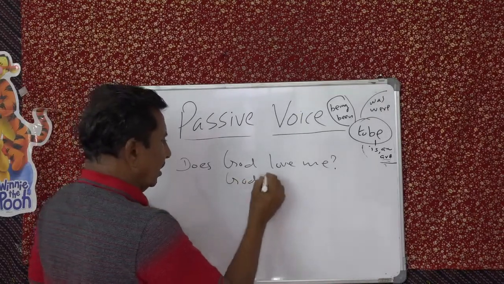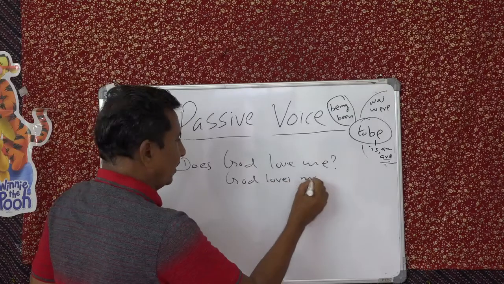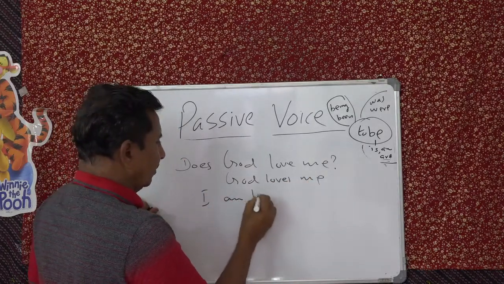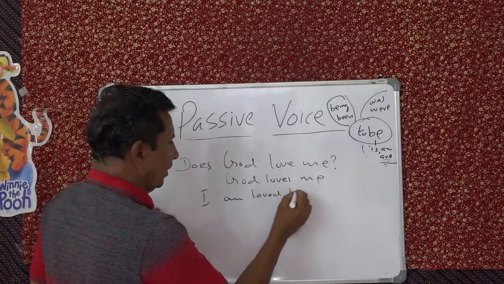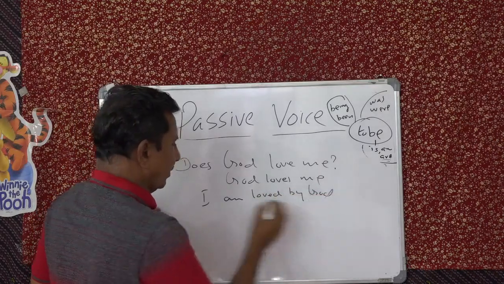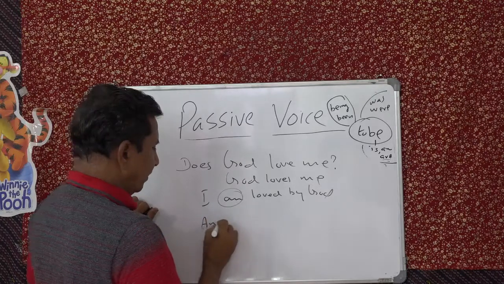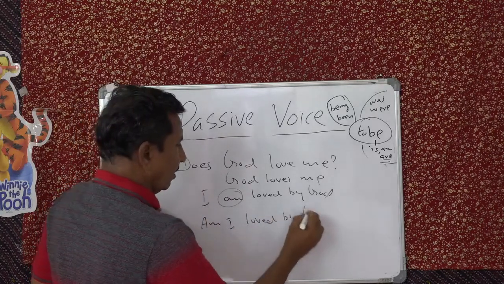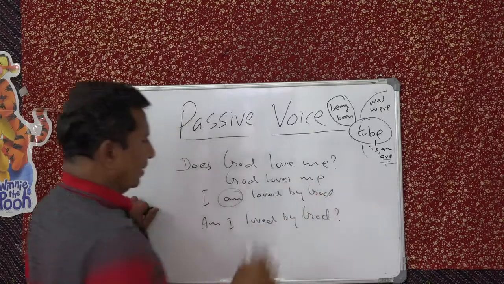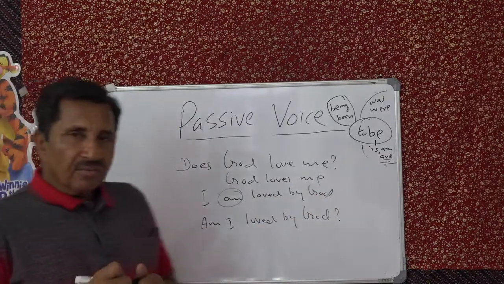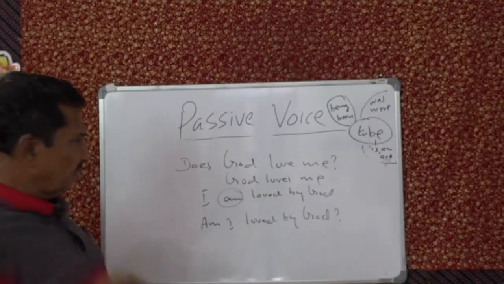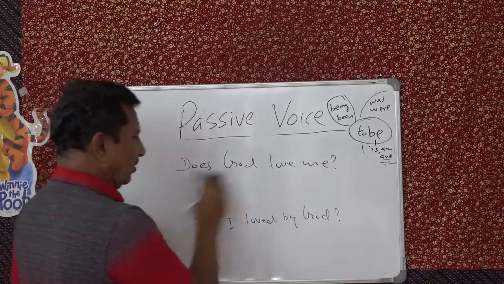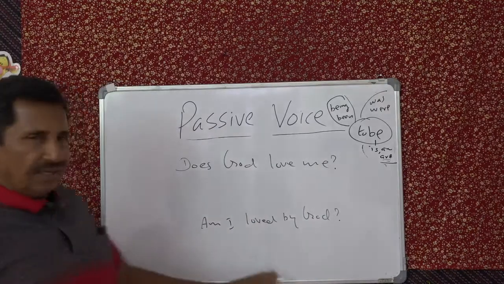God loves me. I am loved by God. Am I loved by God? It's a doubt. No need of doubting. Does God love me? Am I loved by God? Did you get it? That's the answer.